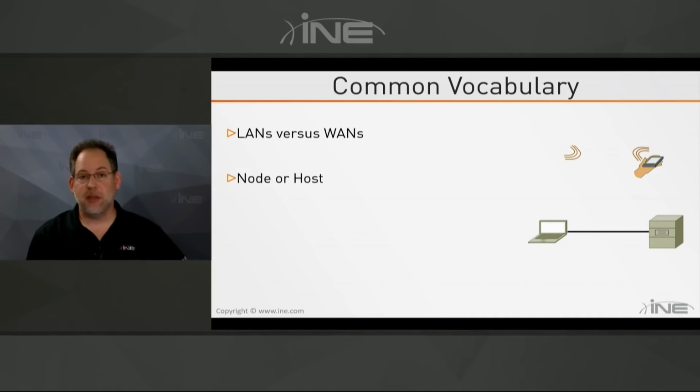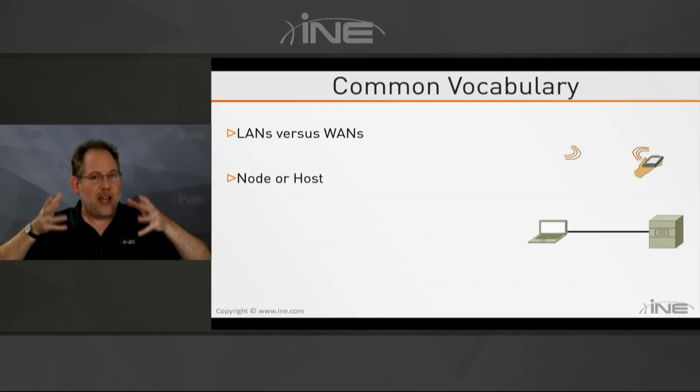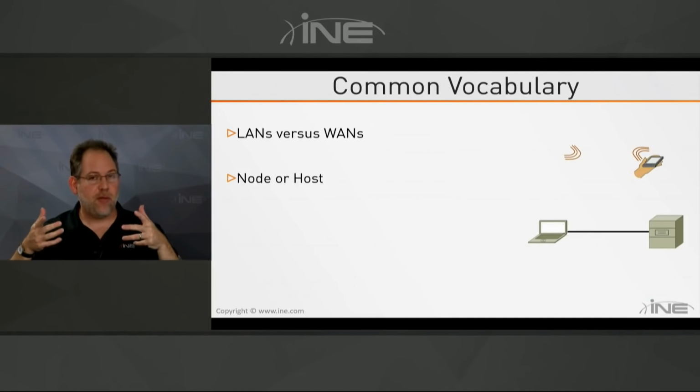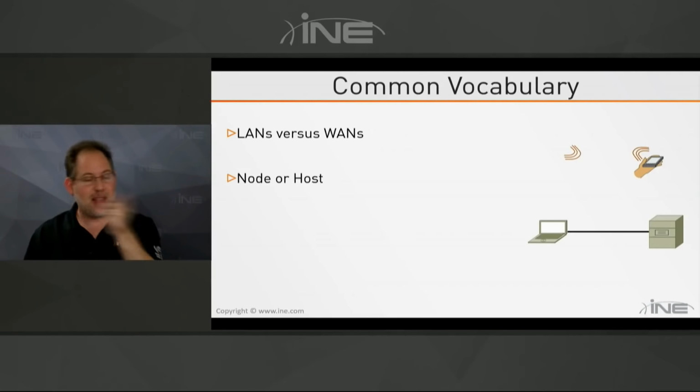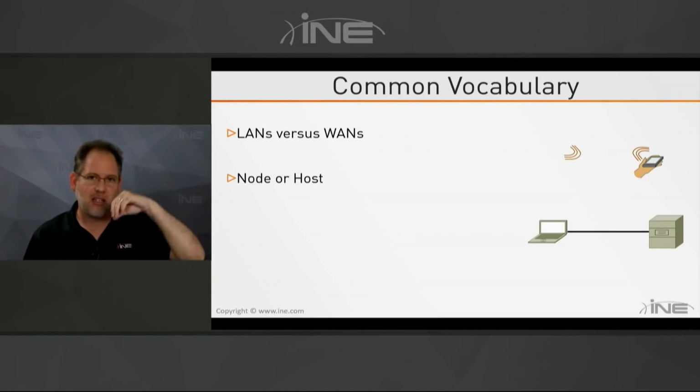Another term you should be familiar with is something called a node or a host. So I mentioned that the network infrastructure is a term for all the cabling and all the devices in the middle that transmit the information back and forth. Well, a node or a host is just a generic term for anything, any endpoint that connects to the network.